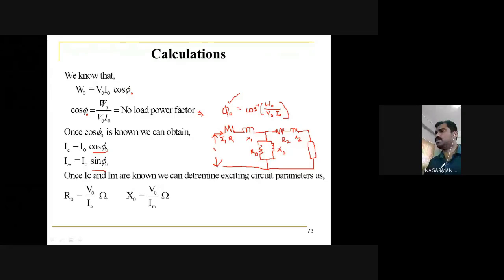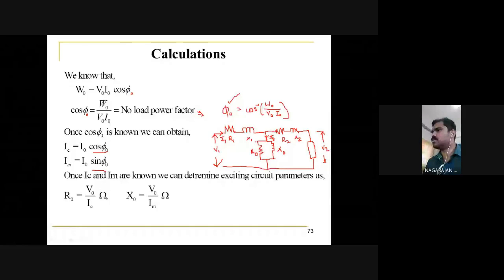This is V1, and the voltage measured across the load is denoted as V2. The current passing through the core component is I0, and that current is divided into two parts.